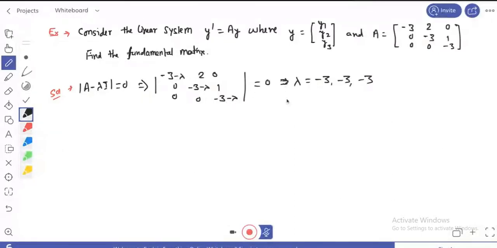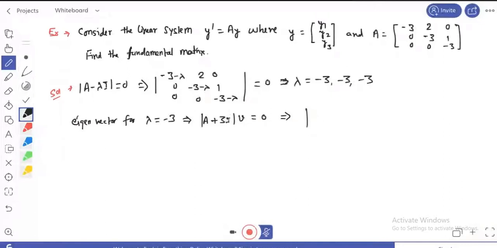Now you have to find the eigenvector. So what is the eigenvector for lambda equals -3? You can find it from (A plus 3 times the identity matrix) times the eigenvector V equals 0. Here you can find the determinant.